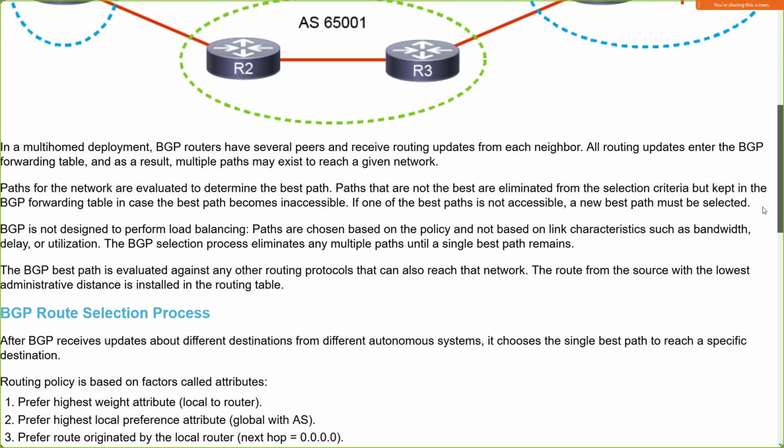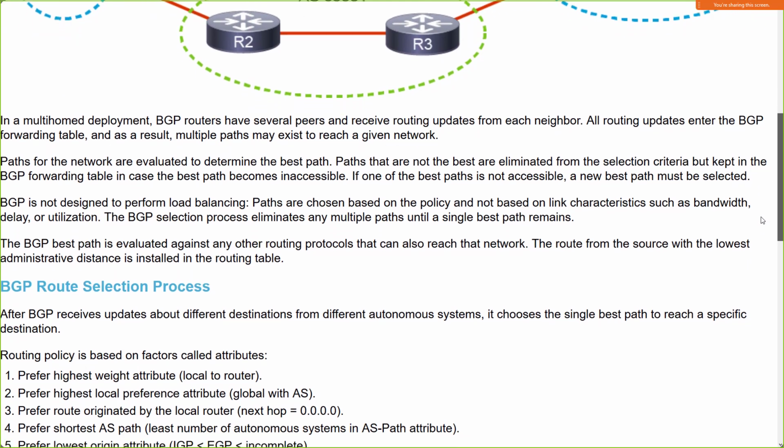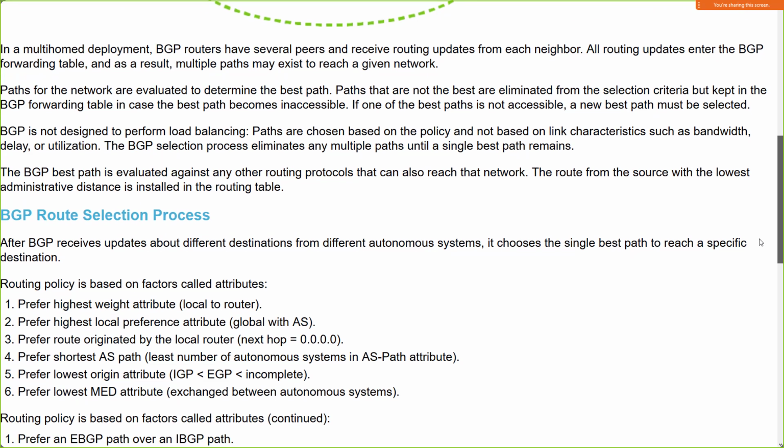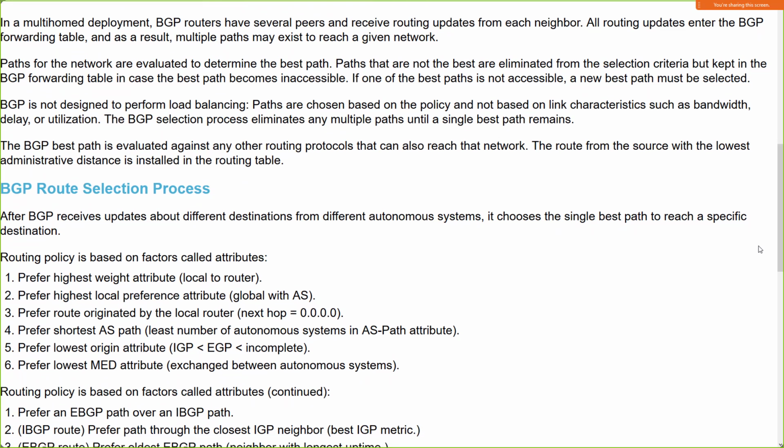In a multi-home deployment, BGP routers have several peers and receive routing updates from each neighbor. And we talked about that. And on the internet, that's very, very common, right? Your AT&T is not going to just peer with one other provider.